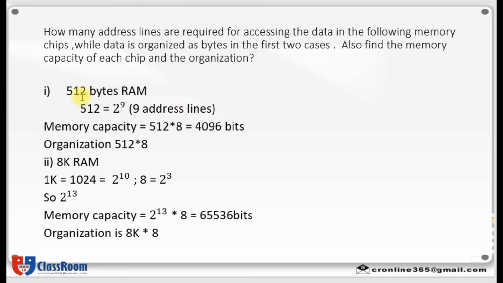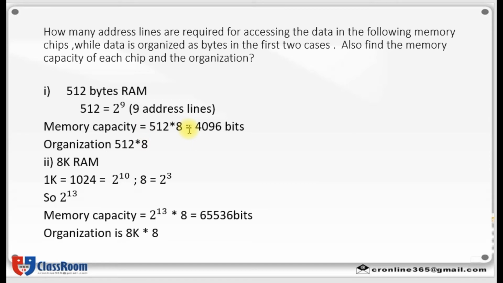This 512 can be expressed as 2 raised to 9. 2 raised to 9 means 2 into 2 into 2 into 2 into 2 into 2 into 2 into 2 into 2. So, 2 raised to 9 can be expressed as 512. So, memory capacity can be expressed as 2 raised to x into y, that is 512 into 8.